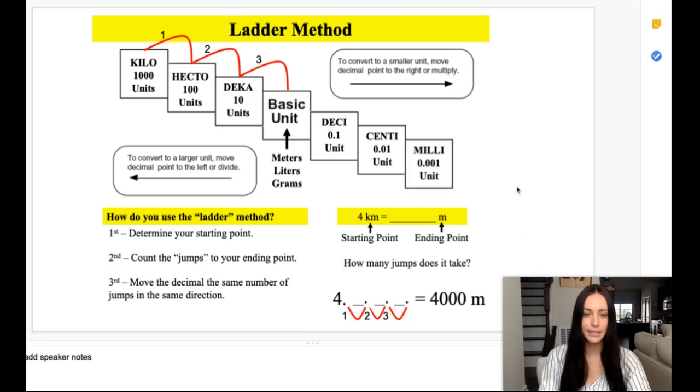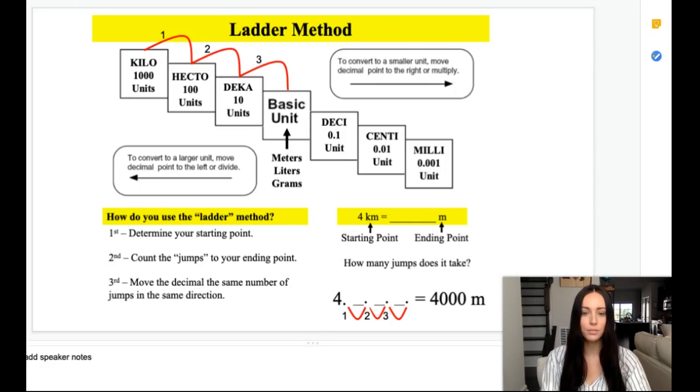So if we look at an example here, if I want to go from 4 kilometers to meters, how would I do that? Well, if I'm at a kilometer, I'm here, which is 1,000 of that base unit. I know if I want to convert to a smaller unit, which a meter is, I need to move to the right, or I need to carry out a multiplication. I then need to count the number of steps, or the number of decimal points from the unit that I'm at to the desired unit.